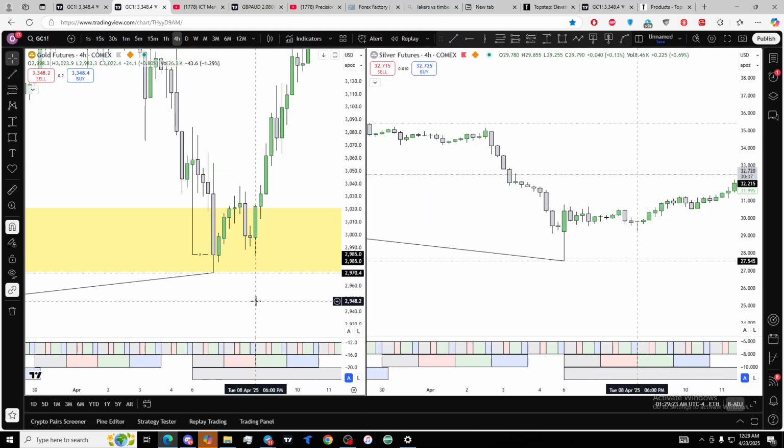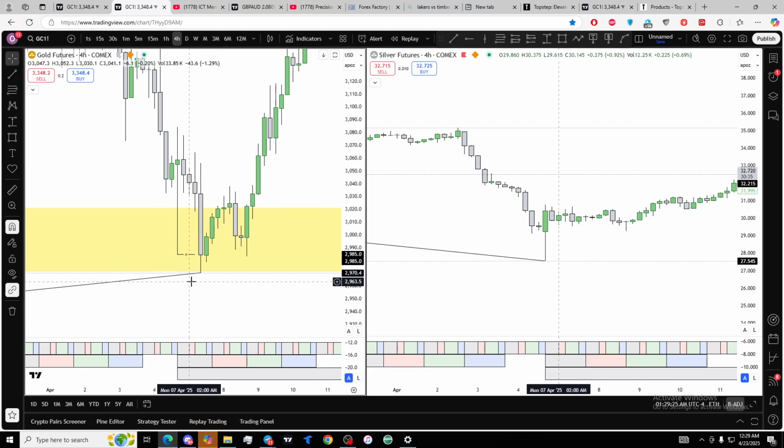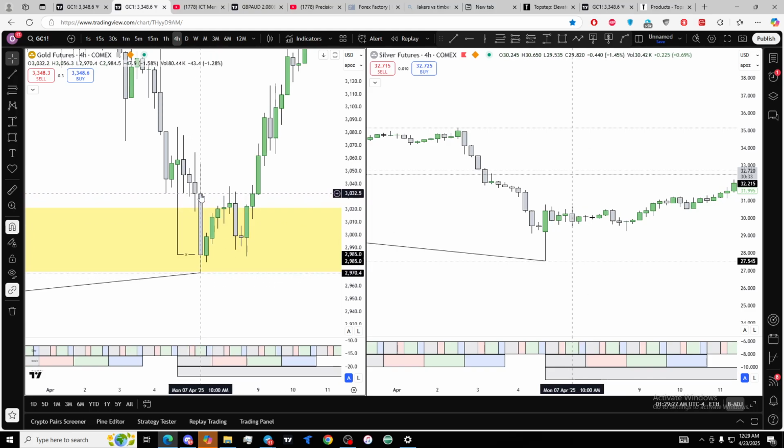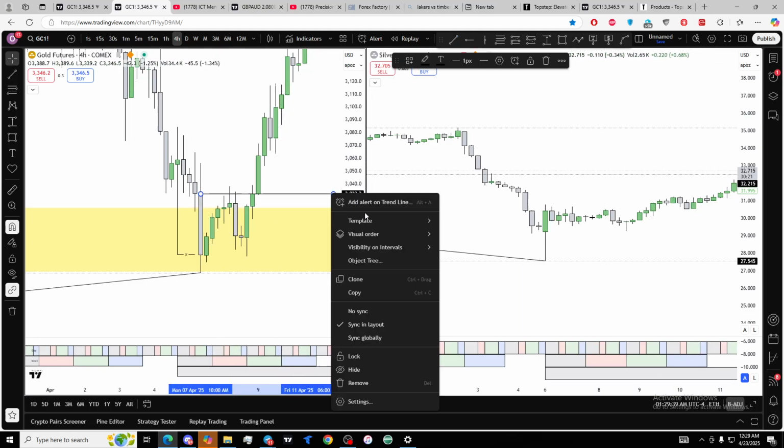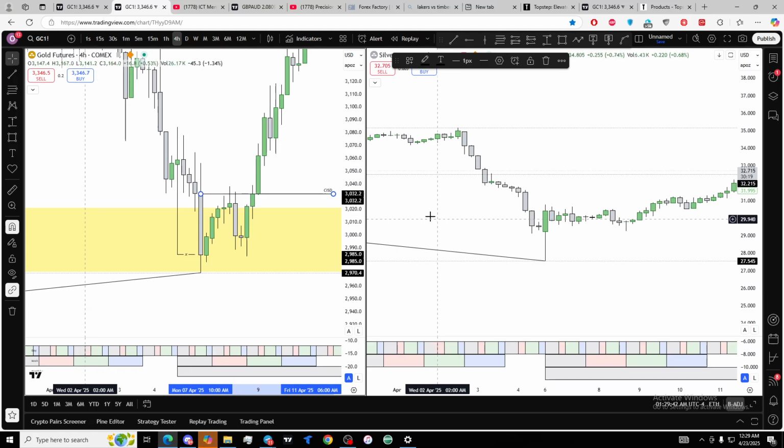So basically what I want to see is the opening of this down candle that took out a short-term low to put up the SMT. I want a bullish candle closing above the opening of that down candle to then form a potential change in state order block.